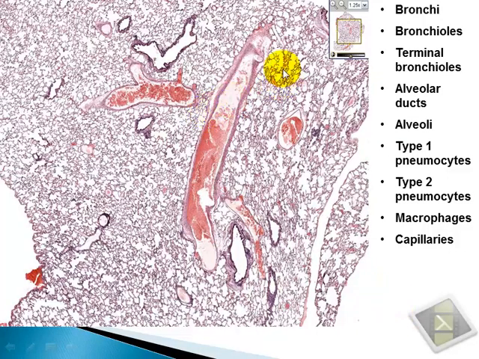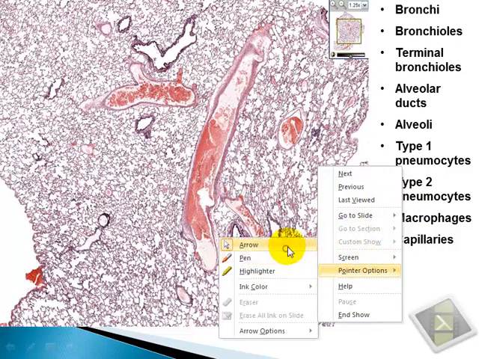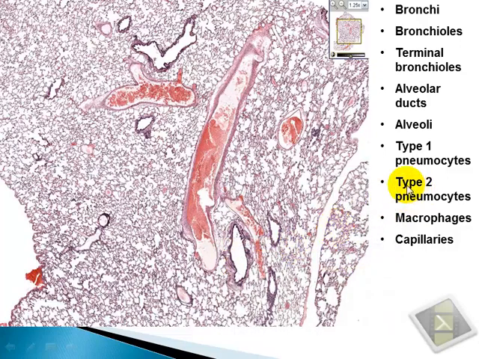Now you have this histological section in which you can see different bronchioles, terminal bronchioles, alveolar ducts, alveoli. You should be able to differentiate them on histology. Two important things which we have to mention here are type 1 pneumocytes and type 2 pneumocytes. Type 1 pneumocytes are the ones which are lining the alveoli.